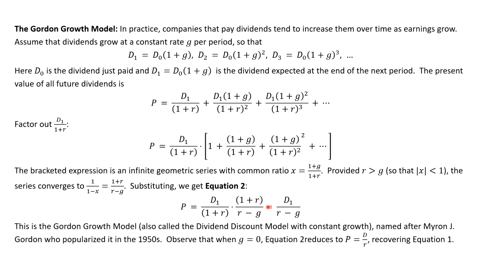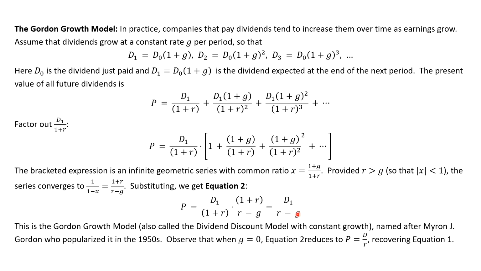And the 1 plus R's cancel out and you get this formula. So very similar to the formula before, except now you're subtracting this growth rate. And the assumption is that R is greater than G, and G can be negative.